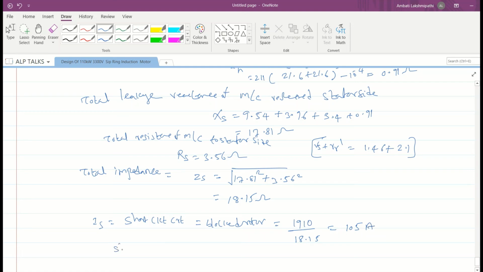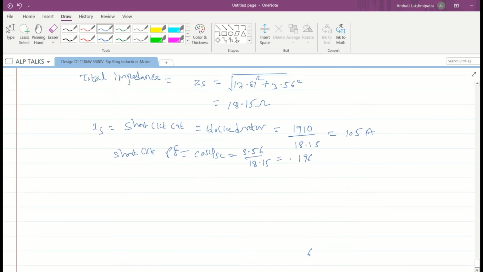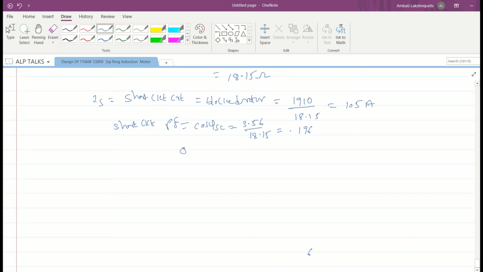And the short circuit power factor PF is nothing but cos phi SC, the ratio of R by Z. So with 18.15, that gives 0.196. This is a little bit improved power factor when compared to the no load condition. Similarly, we can calculate the angle phi SC, which comes to 78.42. So this is about the short circuit current, guys.